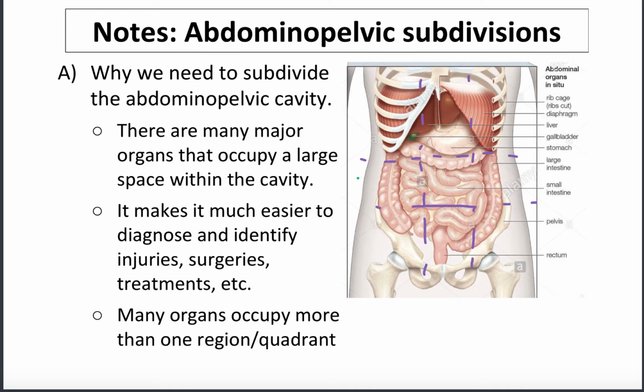Now it's going to be a lot easier for me to communicate to another medical professional where the patient is injured, where we're doing surgery, or possibly what we're going to need to treat. If I know a patient is hurting in this region, and this region, then I know as an anatomist those are the regions where the liver is found, and any other organ that might be in this corner.